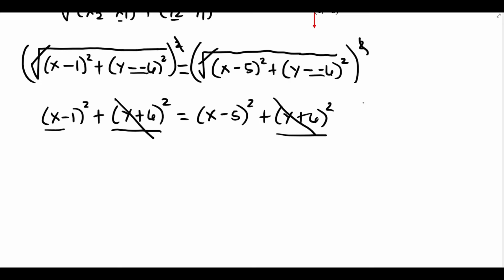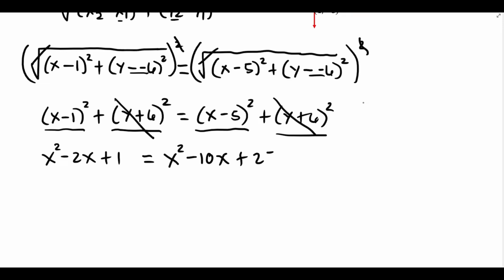Then to expand this equation, this is x squared minus 2x plus 1, equals, expanding (x minus 5) to the power 2, x squared minus 10x plus 25. We have positive x squared on one side and positive x squared on the other side, which cancel.